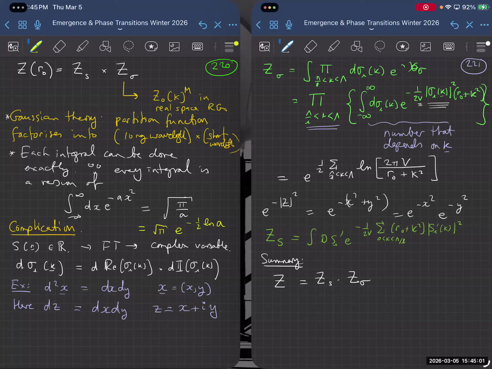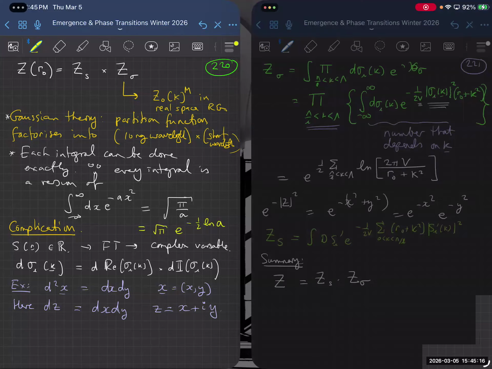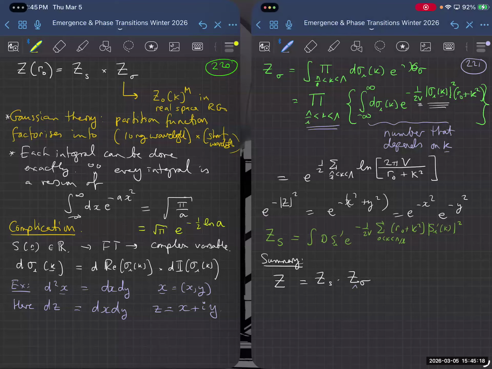We're trying to integrate out the short wavelength degrees of freedom. We're not trying to integrate out the long wavelength degrees of freedom, because what we want to look at is the recursion relation for the coefficients in the effective Hamiltonian. So what we're going to do is we do this integral, which I just did. And now that I've got that, here's my problem.